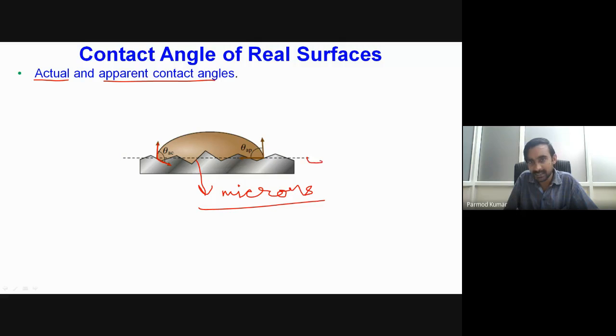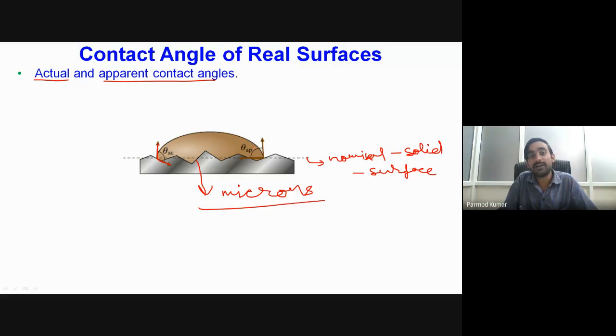For that case, we define a nominal solid surface. If we measure the angle between the nominal solid surface and our liquid-fluid tangent, whatever angle appears to us is known as the apparent contact angle.